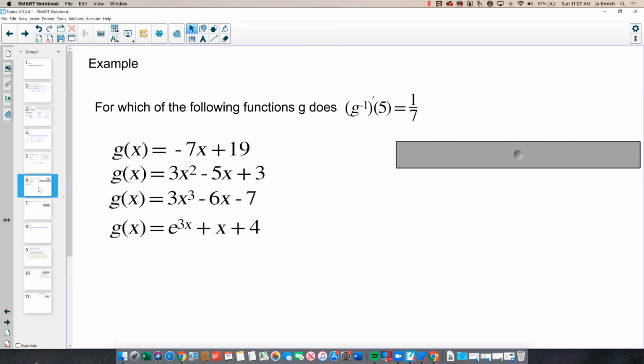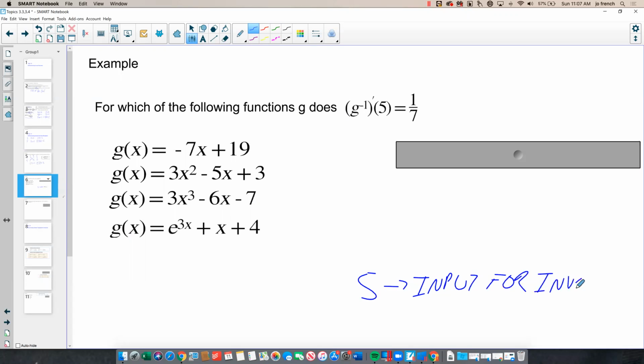Okay, for these 4 possible functions g, for which one would the inverse derivative at 5 equal 1/7? Well, if 5 is the input for the inverse, then it must be the output for the original function g.